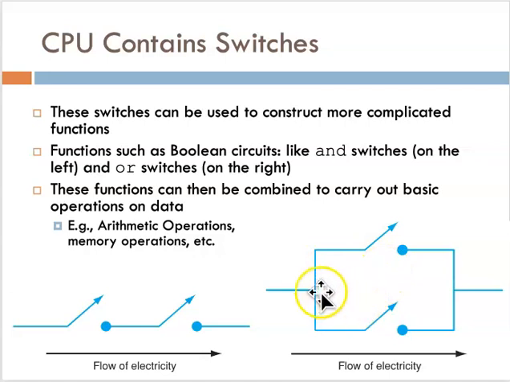Or switches. In this case, the flow of electricity comes through this circuit if either this switch or this switch is closed. And these are the functions that we then combine to carry out basic operations on data, things like the arithmetic operations, the memory operations, all of that stuff where the CPU interacts with the memory.